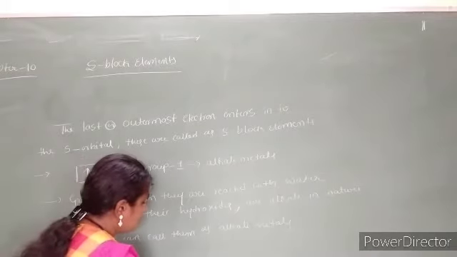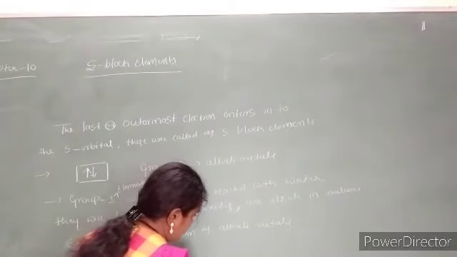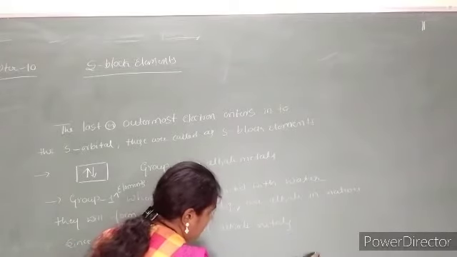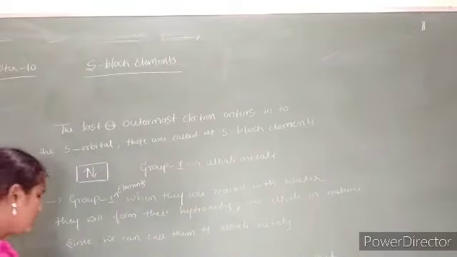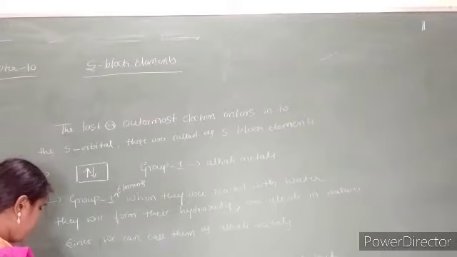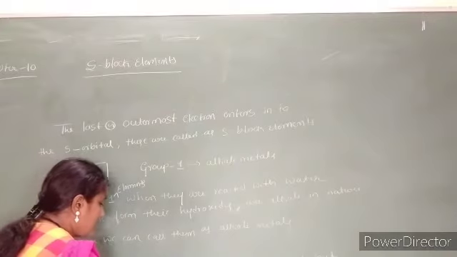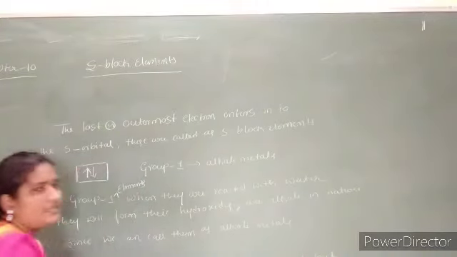Sodium and potassium are more abundant, but lithium, rubidium and cesium are less abundant or rarer.